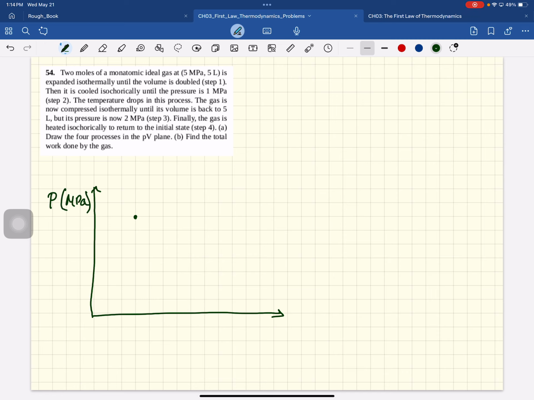A megapascal is 10 atmospheres, 10 to the power of 6 pascals. Here's an isothermal expansion, 5 liters to 10 liters.